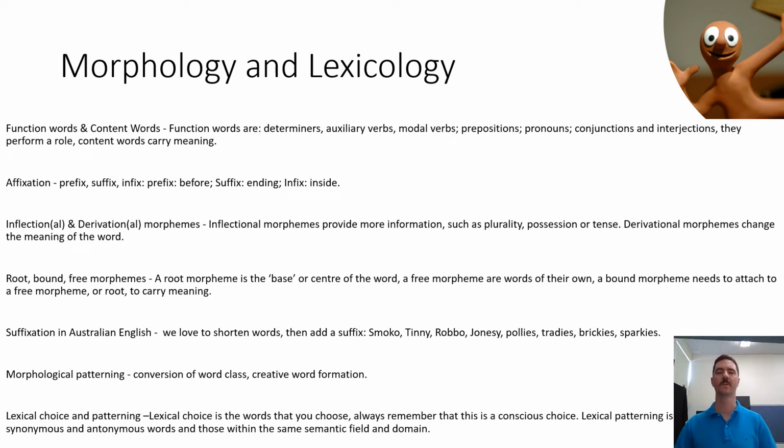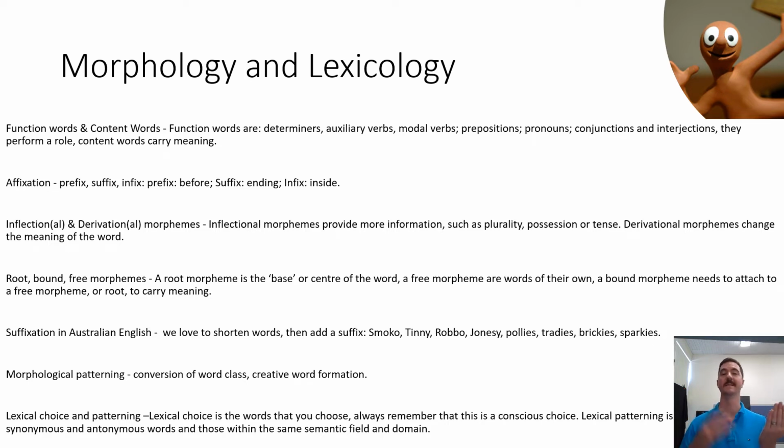So we've got function words and content words. Content words are about 90, maybe 95% of the language, and function words are the things that tie it together. So they don't necessarily add to the content, but they serve important roles in the same way that a conjunction or a comma helps to make the language understandable.